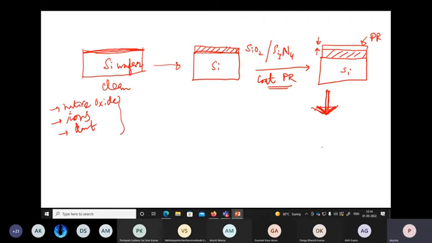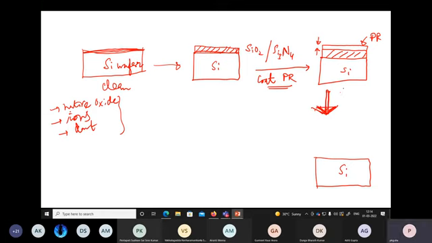So what you now need to do is put a mask on top of the substrate. This is my substrate, silicon. In between, you have to bake it.